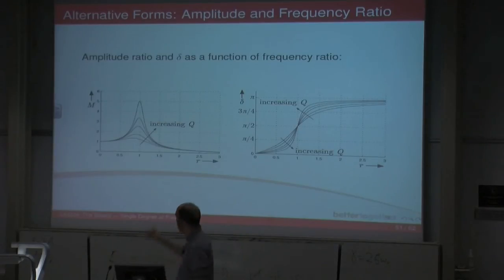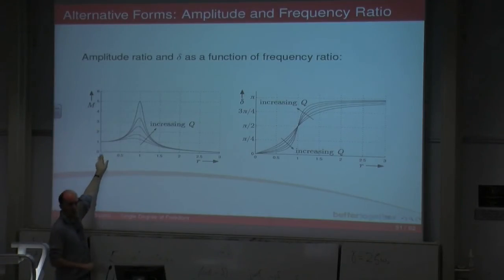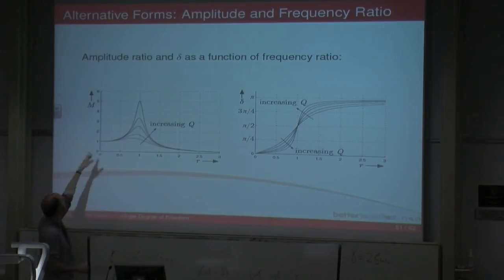And so we can plot those two graphs that you just saw in terms of m and r. And you can see that at 0 frequency we've got an amplitude ratio of 1, normalised about the static displacement. Okay? At resonant frequency we've got an amplitude ratio of, in this case, up to 5.